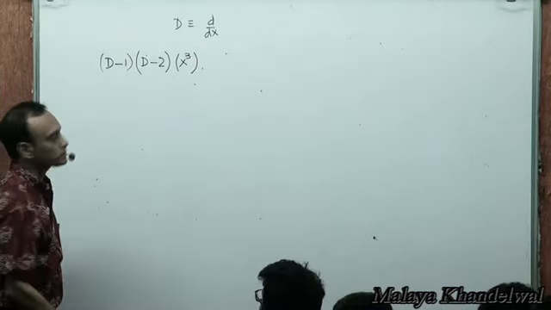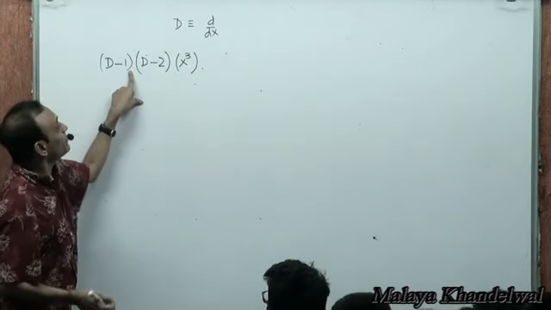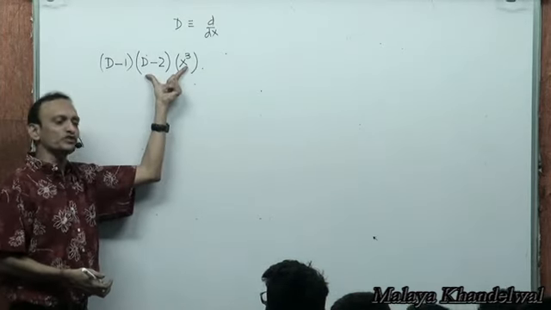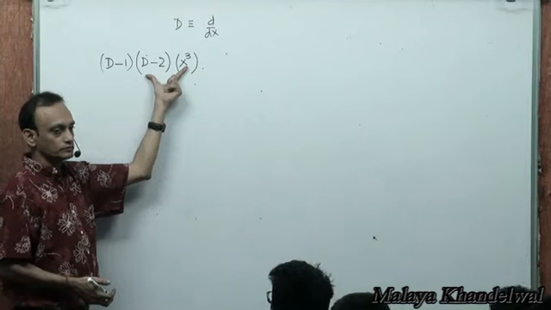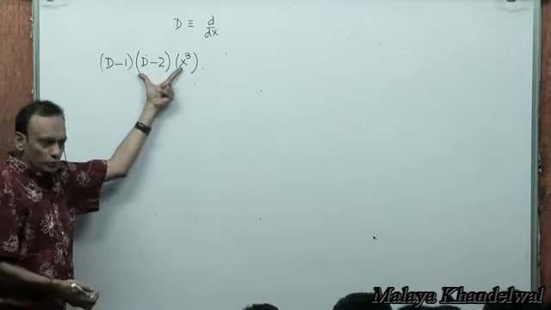What it means is that D minus 2 first acts on x cubed, and then D minus 1 acts on the output of this operation. This is what it means.